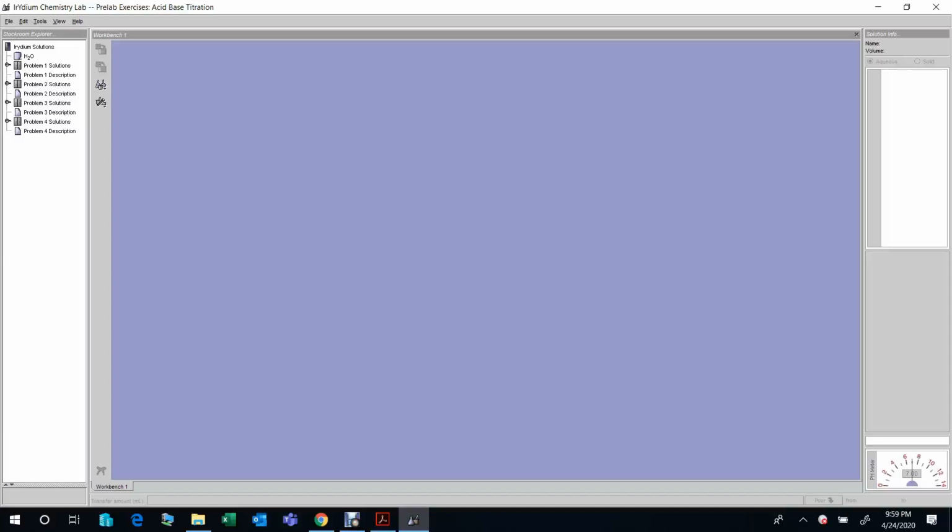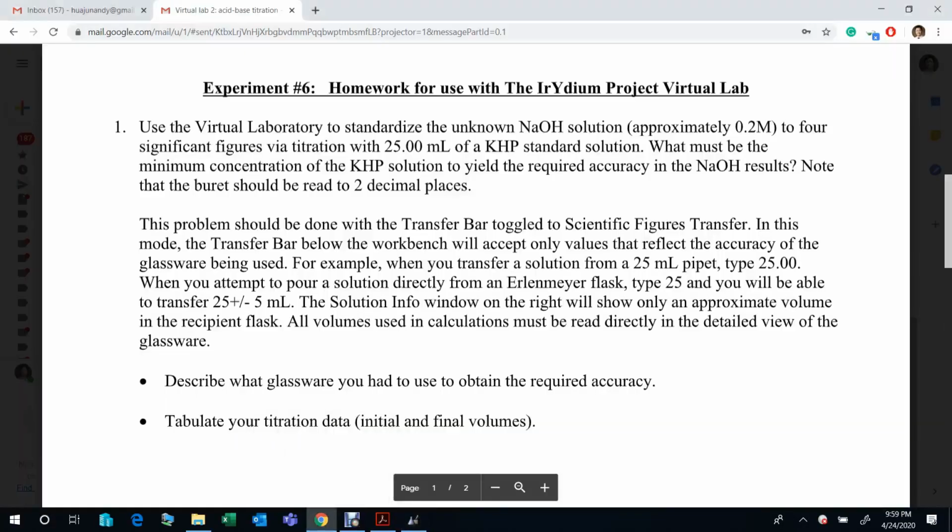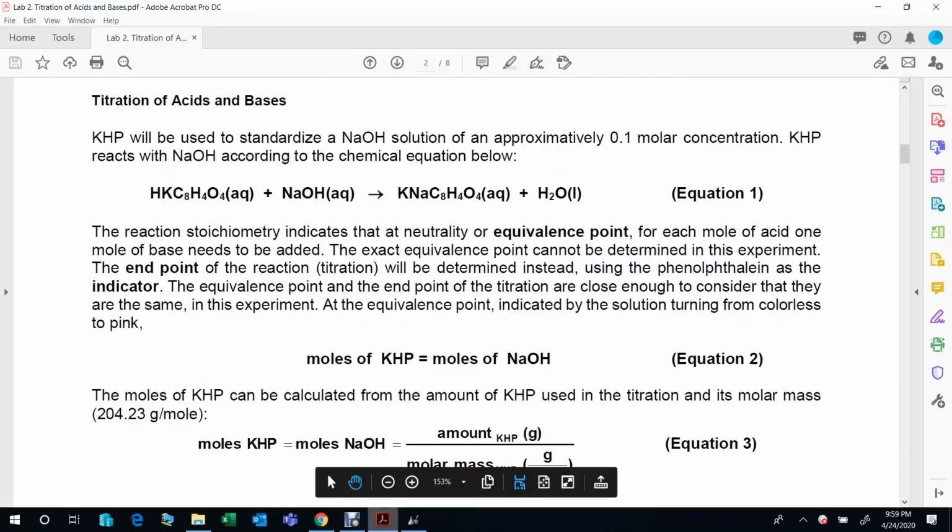Now, problem 1 solution. Okay, here's the solution, and as we discussed, we know the concentration of the potassium hydrogen phthalate solution, and we are going to use the following reaction.